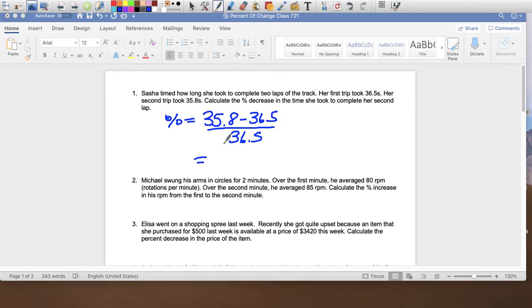Shoot, I made a mistake. 35.8 minus 36.5, divided by 36.5, and that's going to give us negative 0.019178. Let's just move this 2 decimals over, and it's going to be negative 1.92 percent. That would be the rounded version.